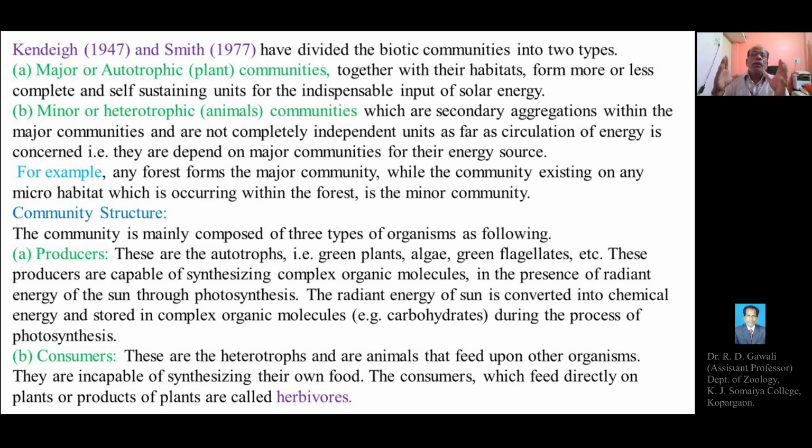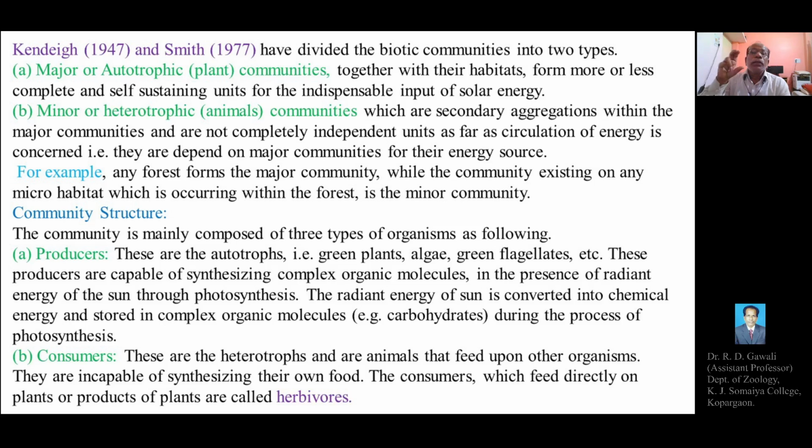It means the major community is mainly formed by the plant species in the respective habitats, and it is self-sustaining because the solar energy released from the sun in that area is trapped by the plant community and used for photosynthesis.